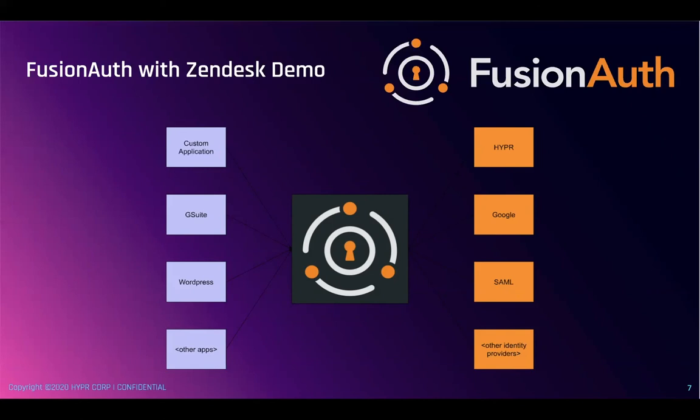So you can have a central point of management, and that will reduce your operational complexity by using FusionAuth, and then you can offer the benefits of the ease of passwordless authentication using HYPR. So let's go ahead and jump into the demo.